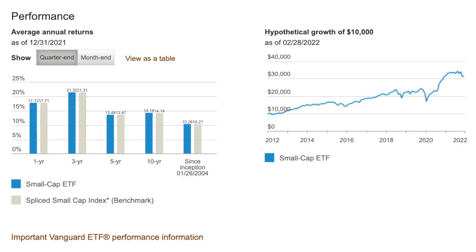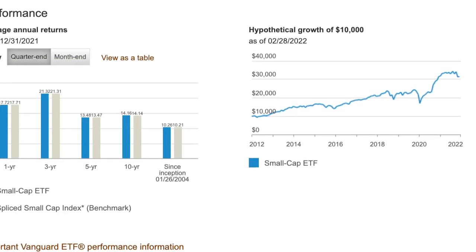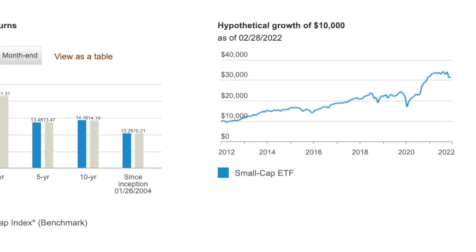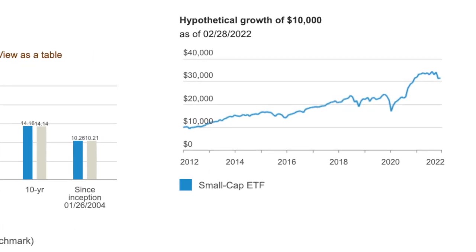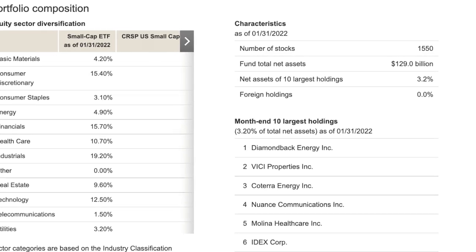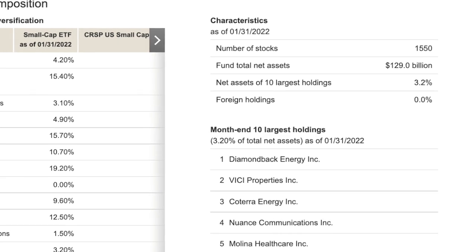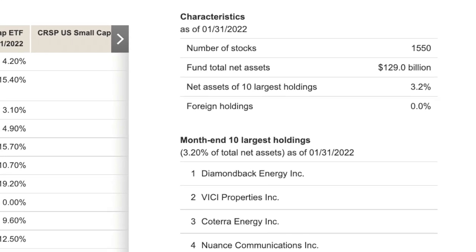So VB was established in 2004, and you can see here on the chart, if you were to invest $10,000 just 10 years ago, you would basically be somewhere around 30K today. Okay, so if we jump down to VB's holdings and look at what makes up this ETF, you'll actually see that there's over 1,500 companies, 1,500 stocks that make up this exchange traded fund.